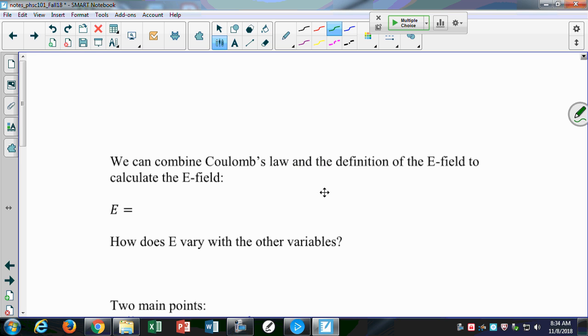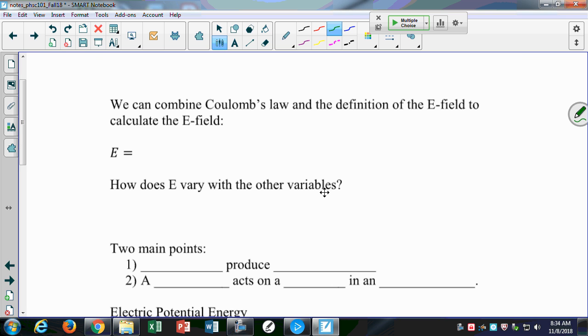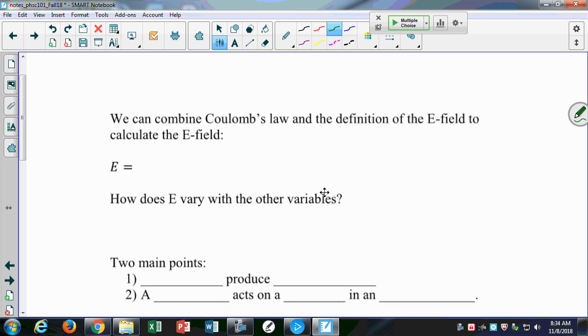All right. So, we can combine Coulomb's law. Remember, Coulomb's law was F equals k q q over d squared. And the definition of the electric field is F over Q. We can combine these two in order to get an equation for the electric field. You don't need to know how to derive this, but it's a fairly easy derivation.